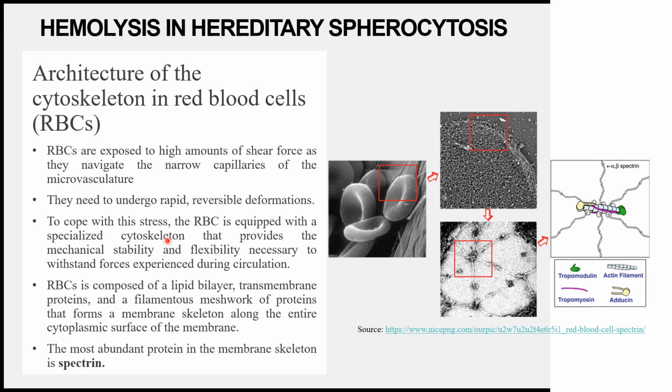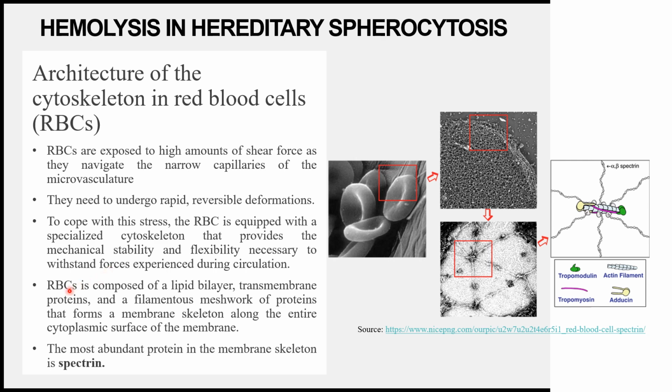This system is very special in a way that it provides the mechanical stability and flexibility that is needed by the red blood cells to withstand the forces they experience during their circulation in the body.